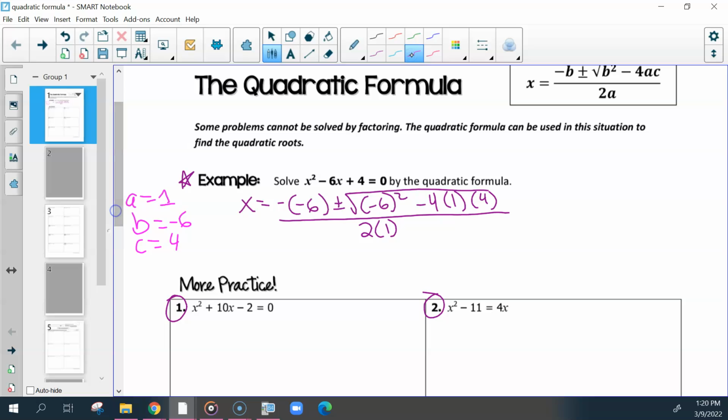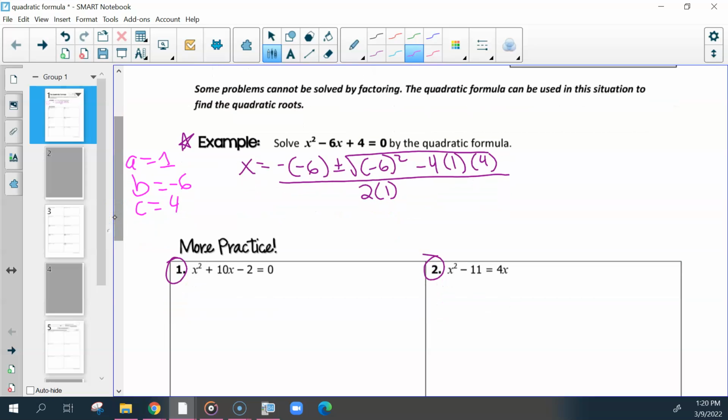Then, little by little, we're going to start to simplify this. Negative and negative would become a positive. And then we're going to have the square root of negative 6 squared, which is 36. Leave this minus and multiply these three numbers together, the 4, the 1, and the 4.